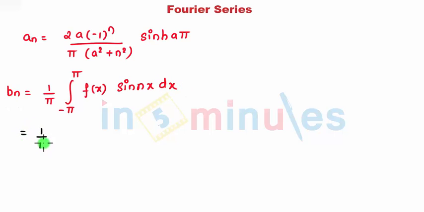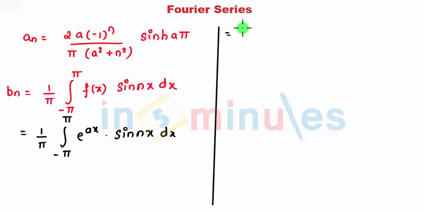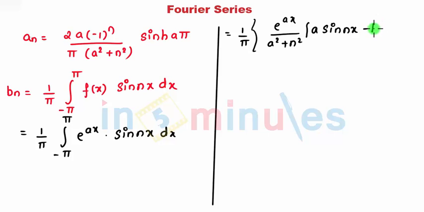That comes to be 1 upon π, integral from -π to π, where f(x) is e^(ax) into sin nx dx, which comes 1 upon π, the formula is e^(ax) divided by a² + n² (a sin nx - b cos nx). So we can keep the upper limit as π and the lower limit as -π.